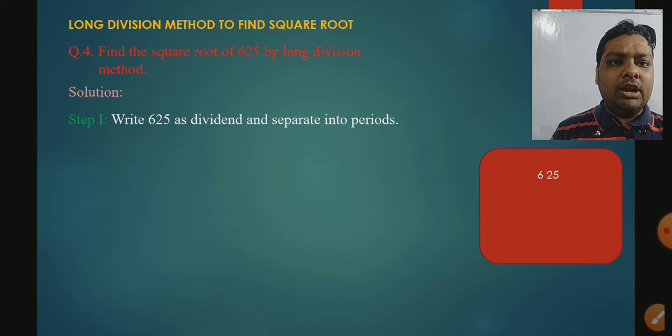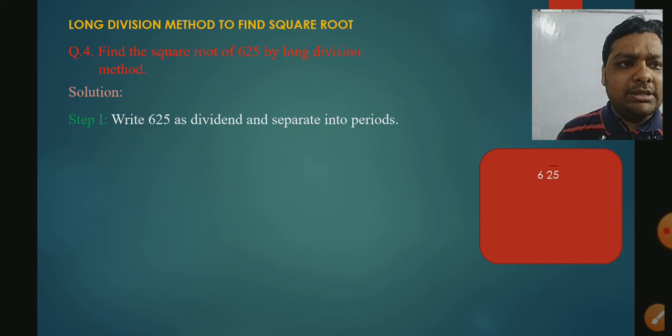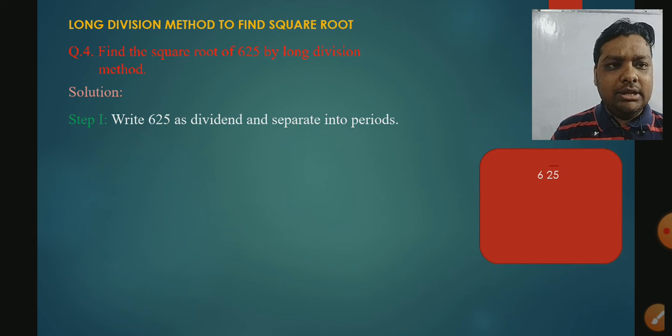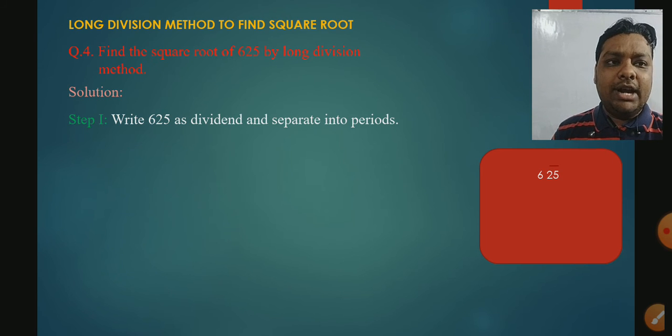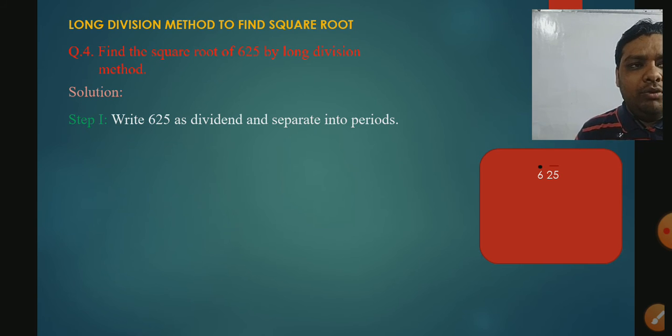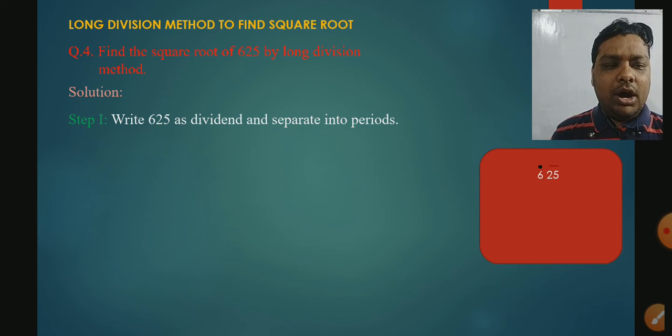We will not take only 5, we will take 25 from the last, and we will write the recurring sign over it. Here you can see the bar over 25. Then after that there is only one number, only 6. It has no pair, only one number, so we will write only a dot over it. Then after that we will draw a line, one longer line and one smaller line.